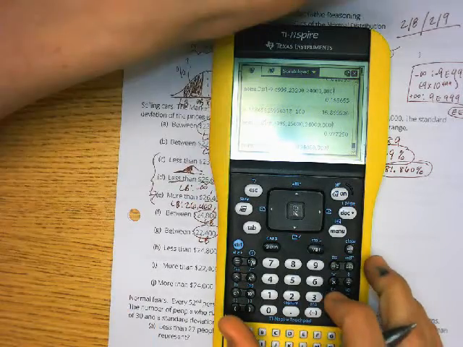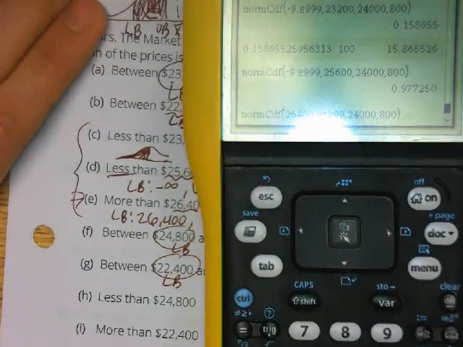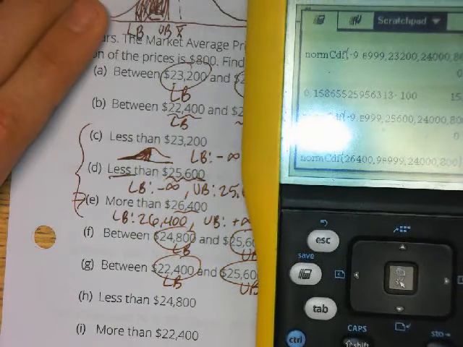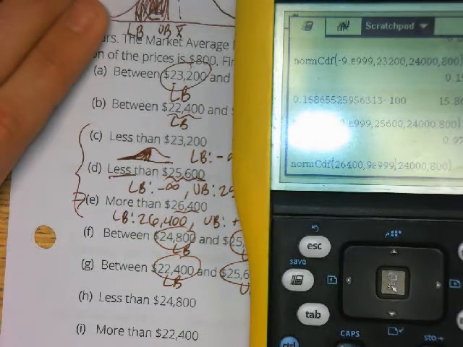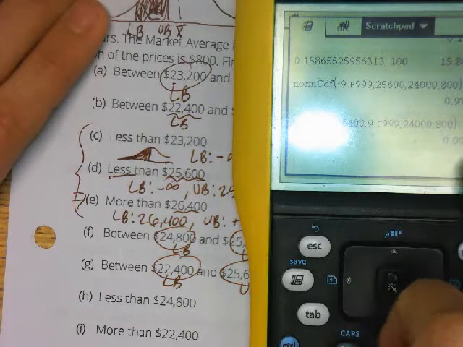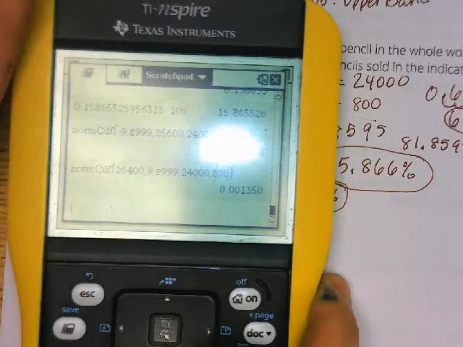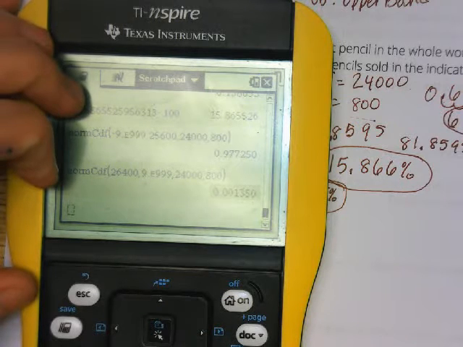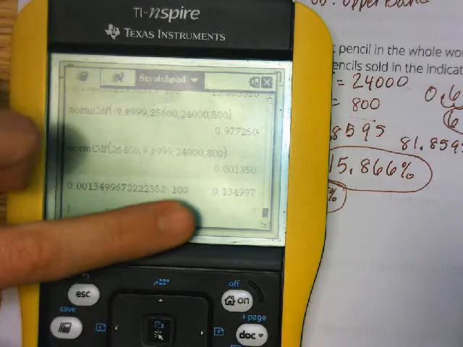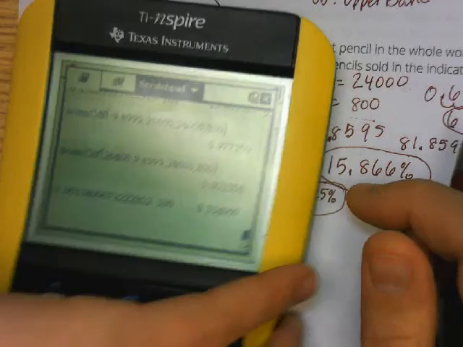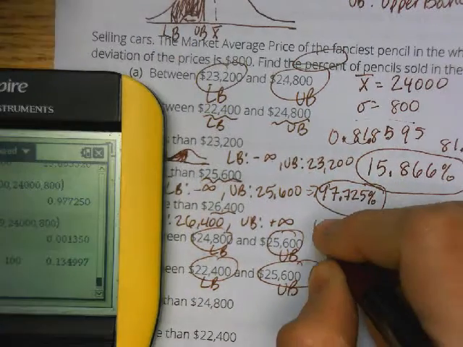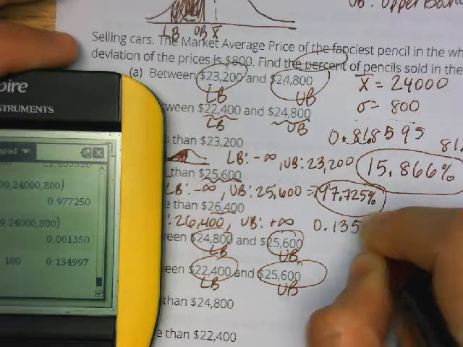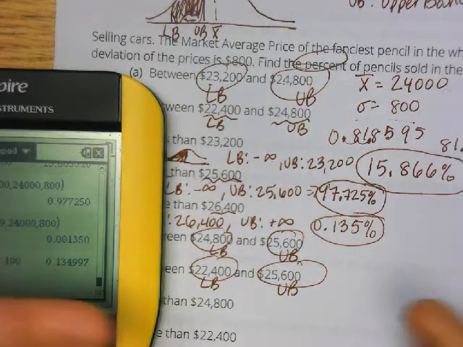That's another way of saying positive infinity in your calculator. The mean is still 24,000, and the standard deviation is still 800. So that's it. I push enter, and I get this little number right here, 0.00135. Times that by 100, and I get 0.135%. So that's your answer to part E.